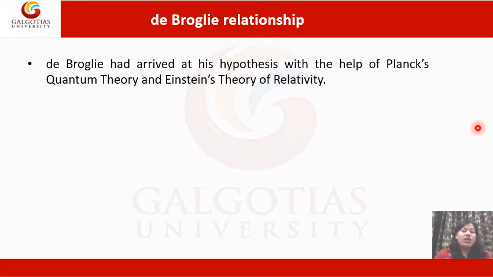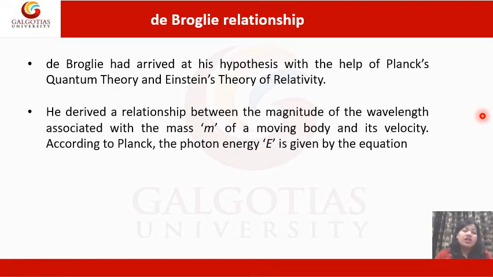De Broglie arrived at his hypothesis with the help of Planck's quantum theory and Einstein's theory of relativity. He derived a relationship between the magnitude of the wavelength associated with the mass m of a moving body and its velocity.